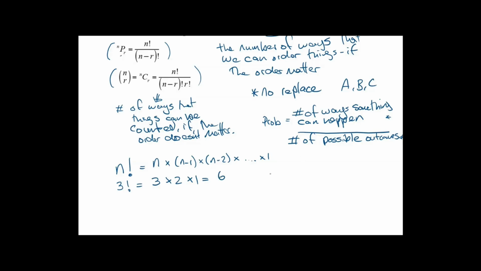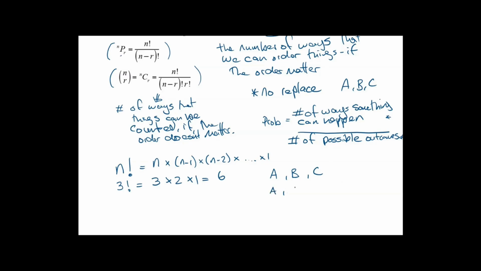What would that mean? Okay, let's go back to our example. Let's say we have the three letters A, B, and C. How many ways are there of ordering those three letters if the order matters? There's A, B, C that we've got there.